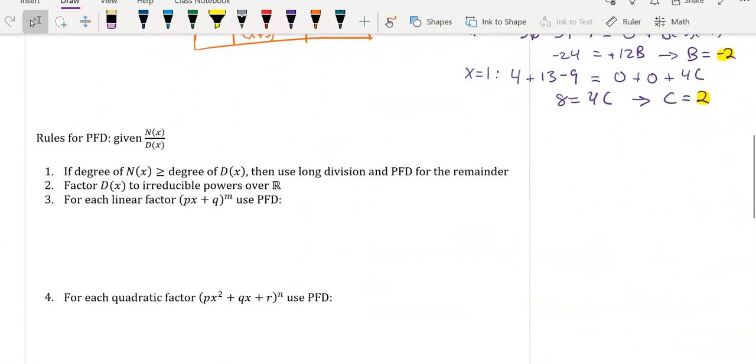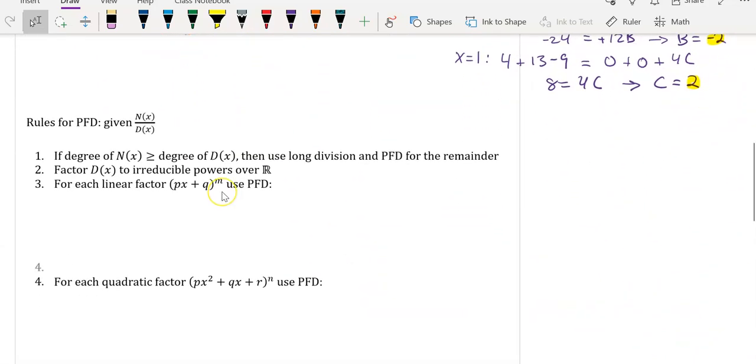But if I have something raised to a higher power, then I'm going to write the partial fractions as, well, here we'll just use a, because I'm not going to have 26 of them.